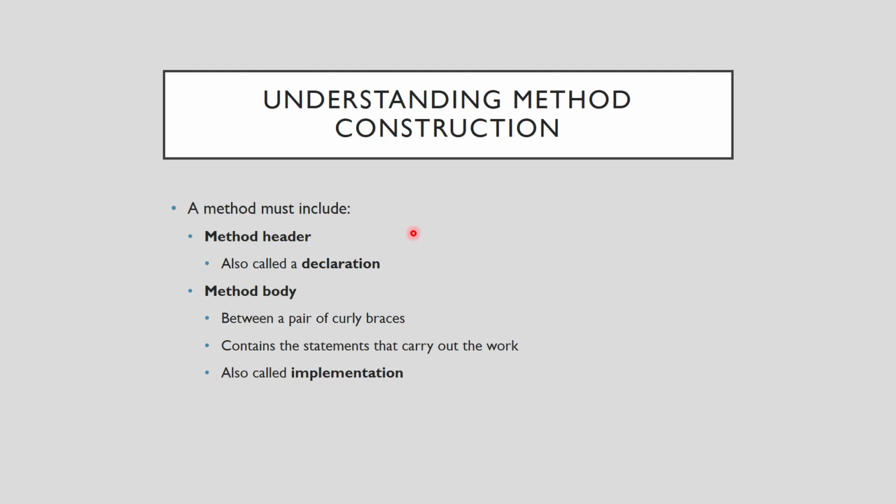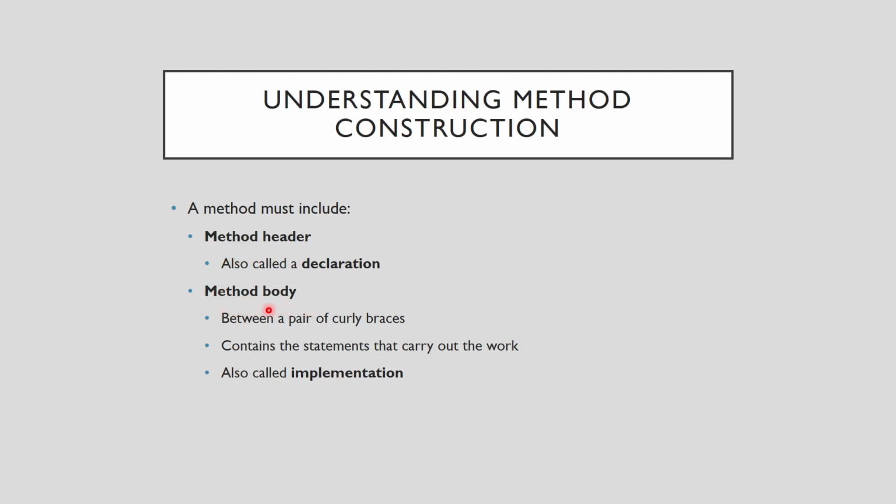The method must include the method header. This method header is called the method declaration. Of course, there are several parts of the method header, and we will examine them later. After the method header, we have the method body.